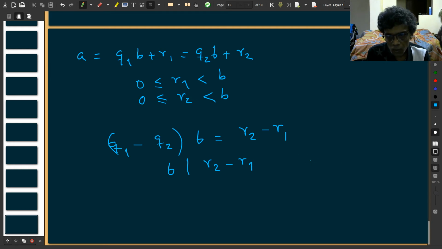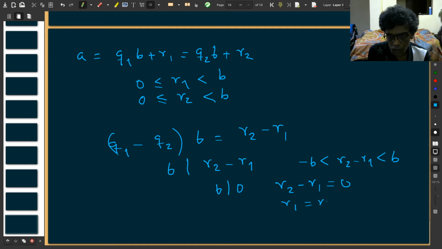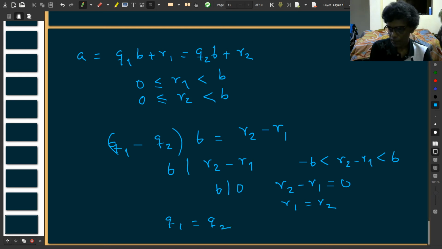So you can easily see that minus B is less than R2 minus R1, which is less than B. This leaves us with only one choice, that is B divides 0. That is R2 minus R1 equal to 0. So R1 equal to R2. Now if I plug in R1 equal to R2 here, this will in turn give Q1 equal to Q2. Okay. So that's the proof of Euclid's division theorem.